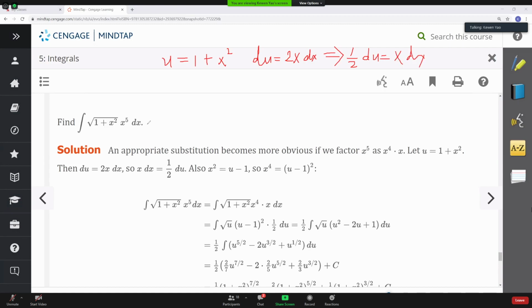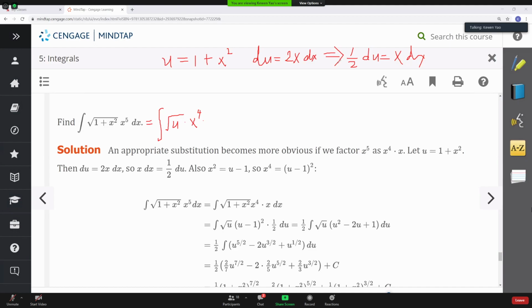Okay, so this can be written as square root of 1 plus x squared, which is u, times x to the fourth, times x dx, right? Because x to the fifth is x to the fourth times x.